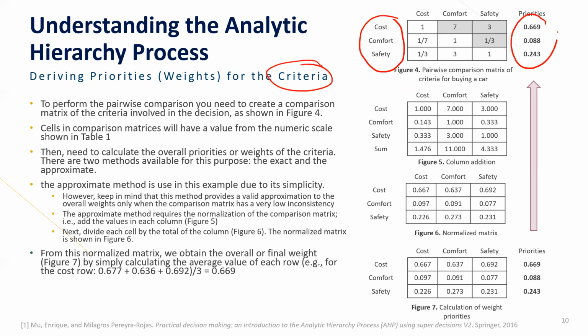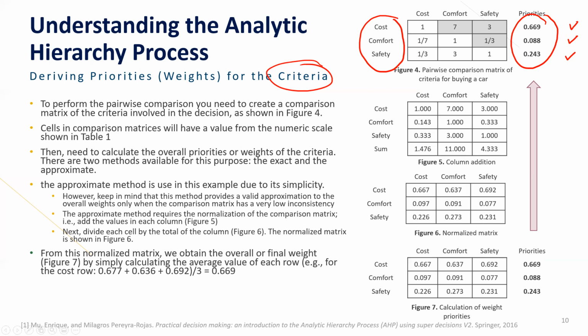So the most important criterion for me, from my judgments, is the cost, about 0.669. And then the second one is the safety, 0.243. And then the last one is comfort, 0.088.